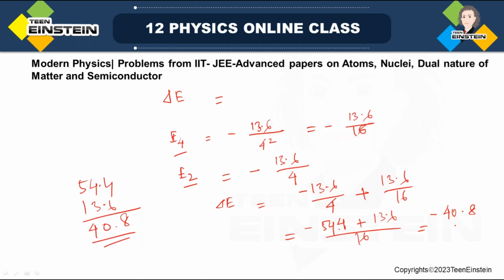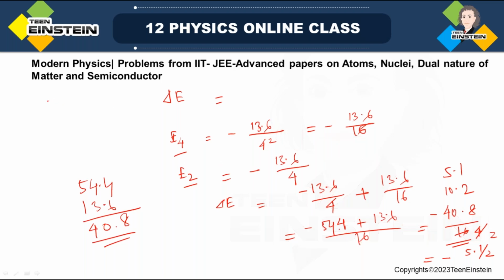If we take the modulus of this energy, this comes as 5.1 by 2, so this is the change in the energy.